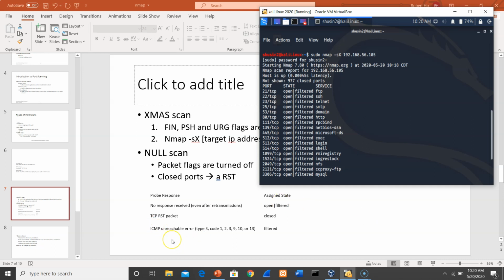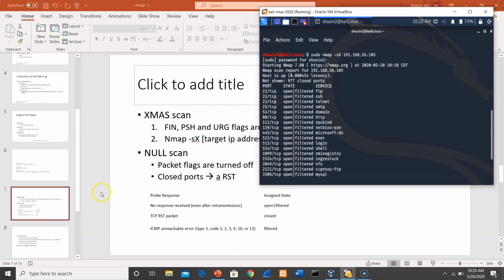Sometimes in the CEH exam, they may ask you, when you run a Christmas scan and there was no response, what state is that? The answer is open port, but the state is open|filtered. But if it's a closed port, the reply will be a reset. That's the Christmas scan.